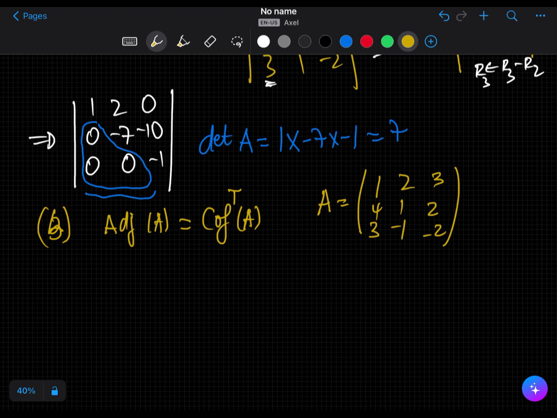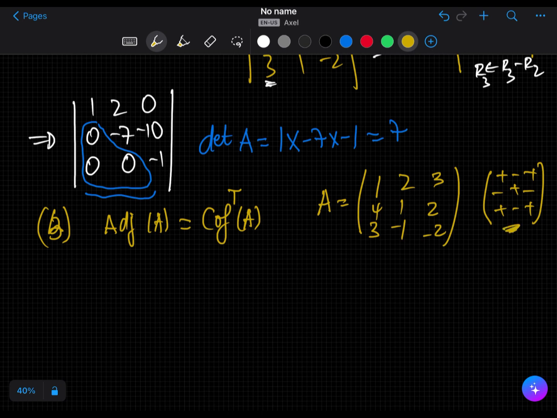And to find the cofactor matrix, we need to make use of the minor matrix, and then we need to also make use of the place sign. So if I have plus, minus, plus, minus, plus, minus, plus, minus, plus, this is the place sign matrix.